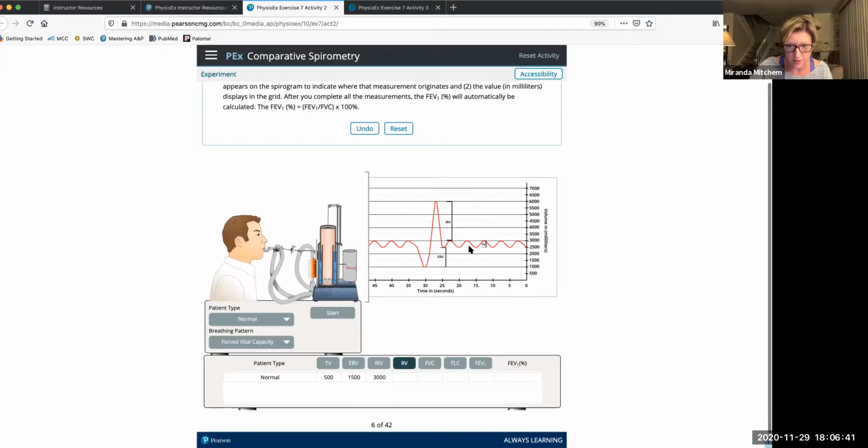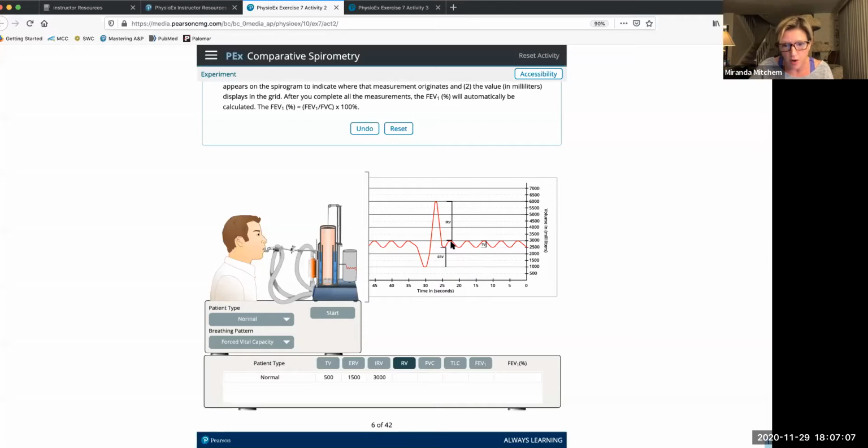So you can see when I click on it, here's tidal volume. The expiratory reserve volume is at the bottom of tidal volume down to the lowest point. Our inspiratory reserve begins at the highest point of tidal volume and goes up to the highest point. I often see students make mistakes when calculating the expiratory and inspiratory reserve volumes.